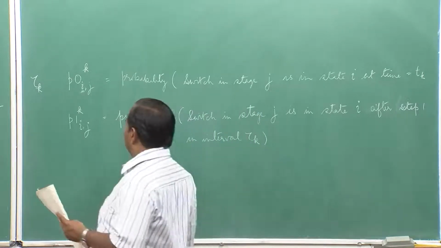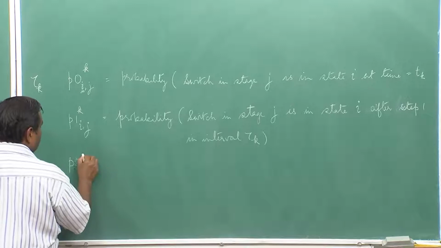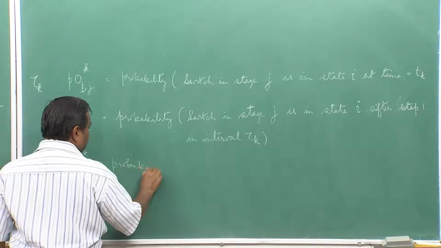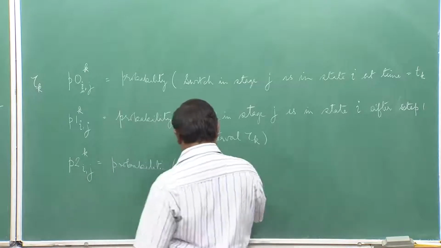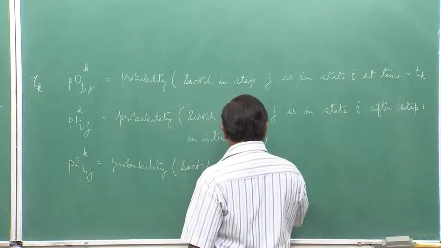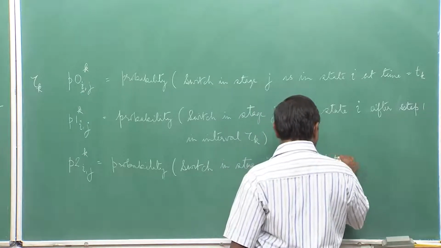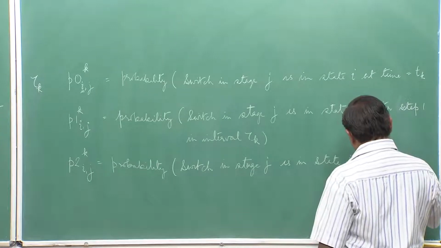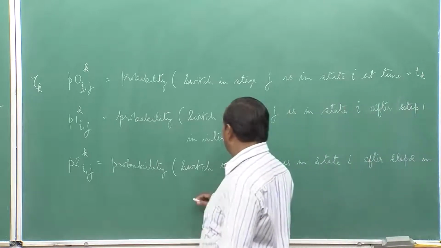Similarly, we can go for the next one. This is after step 2. So, I can write this as the probability of a switch in stage j being in state I after step 2 in interval tau k.